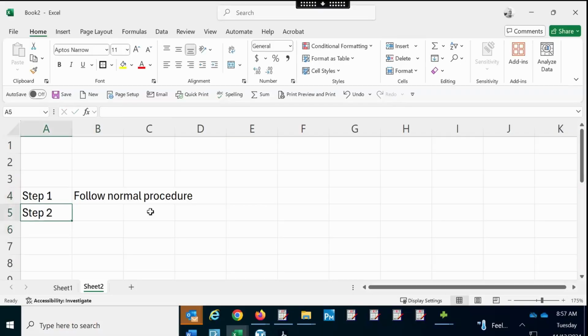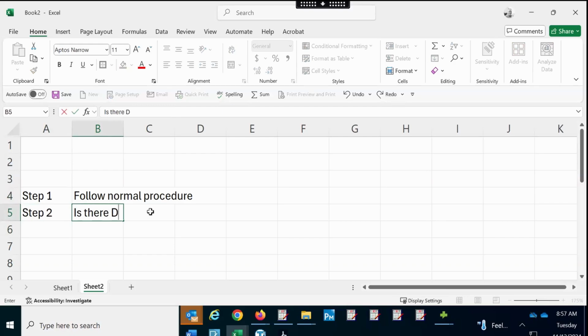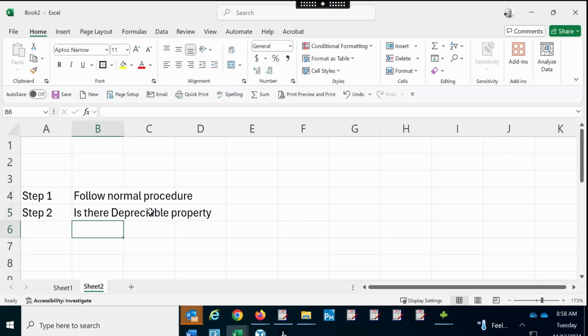Okay, so step two is there depreciable property? So is there depreciable property? Yes. There is. Okay.